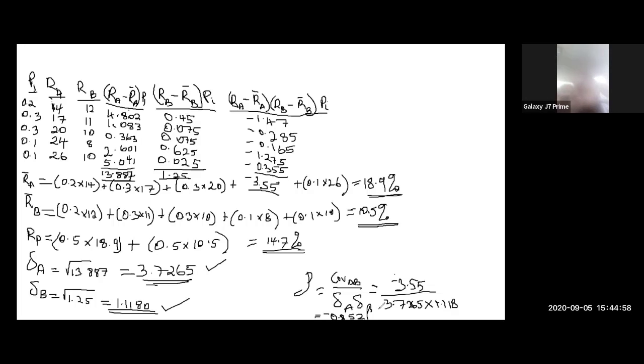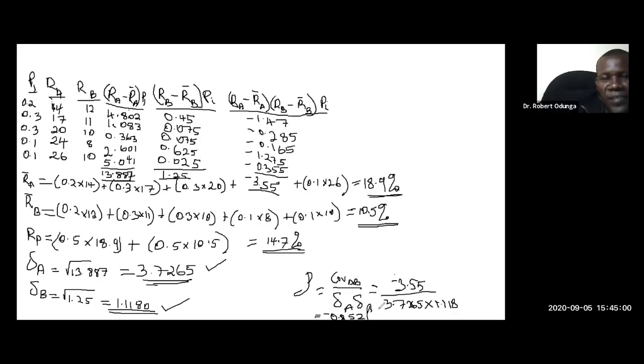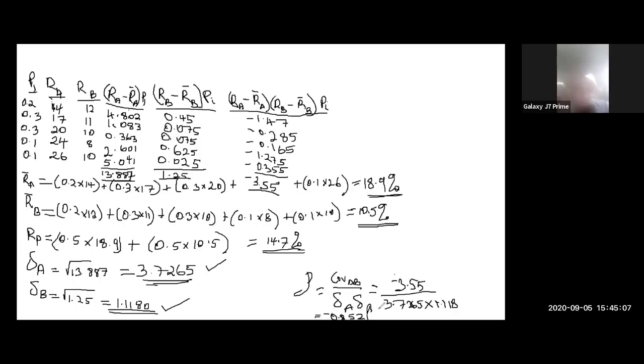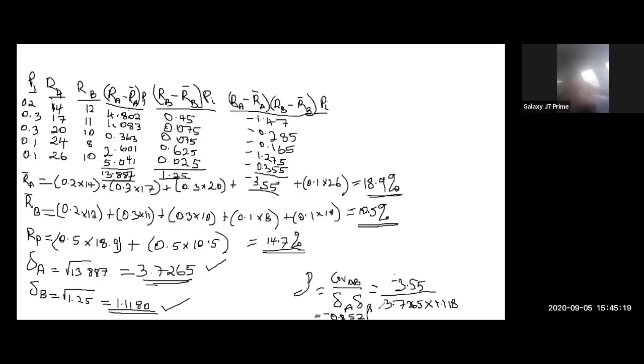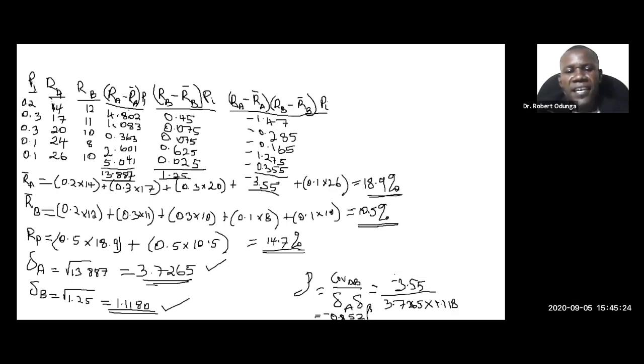And the strength of the correlation is almost 1, because 0.85 is closer to 1. It is above 0.5, so it means it's strong. The correlation coefficient is strong, and means that these projects can be easily combined to diversify the risk.